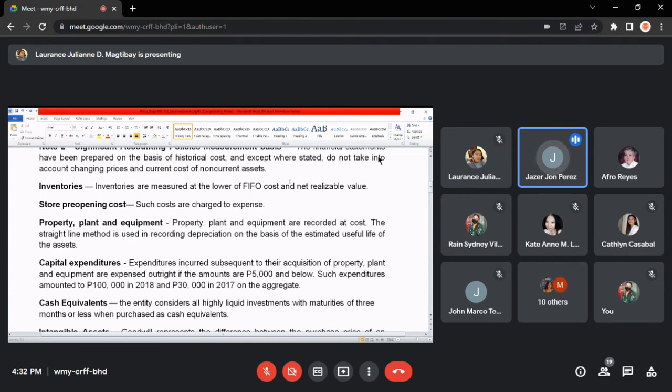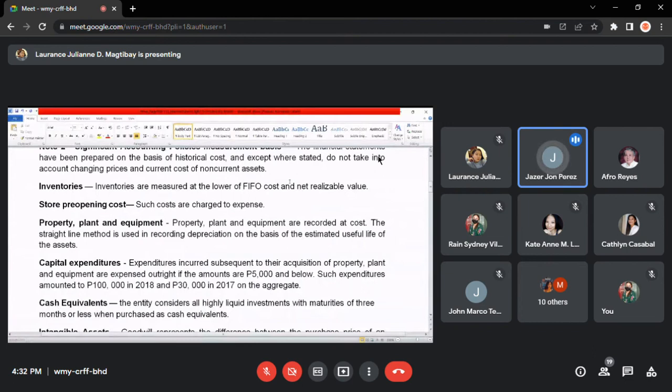And next, property, plant, and equipment cost. The straight line method is used over the useful life of the assets. When we say straight line method, ginagamit siya sa pag-calculate ng depreciation at ng amortization.